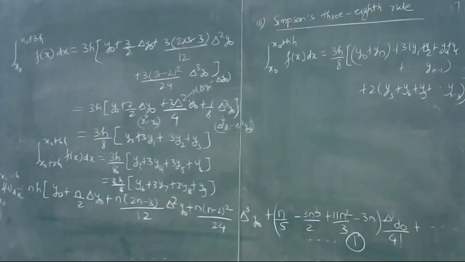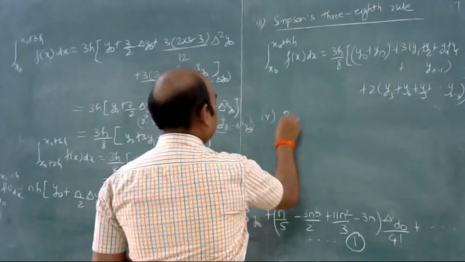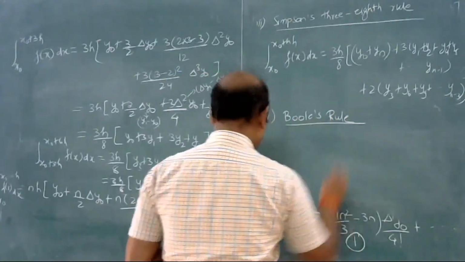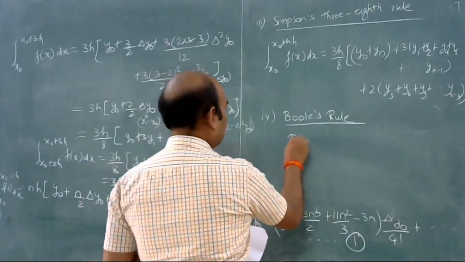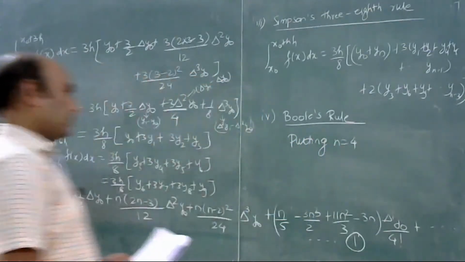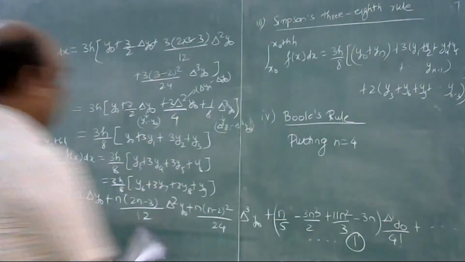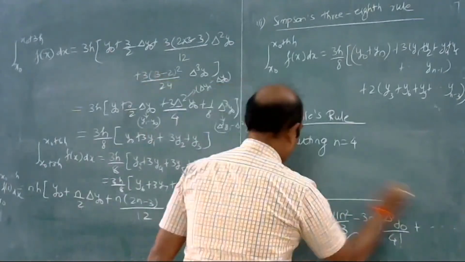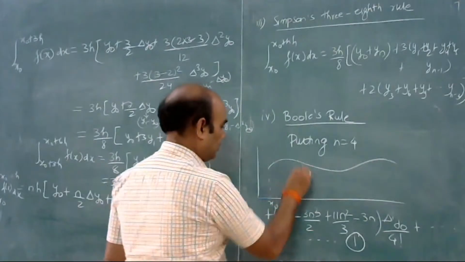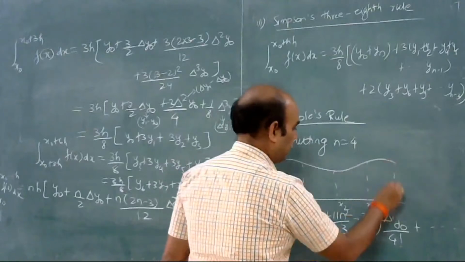Okay, so next, the fourth one is Boole's method. Obtain it by putting n is equal to 4. You will get a curve which has 5 points: x0, x1, x2, x3 and x4.